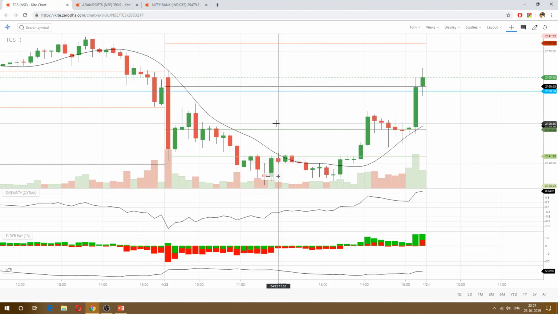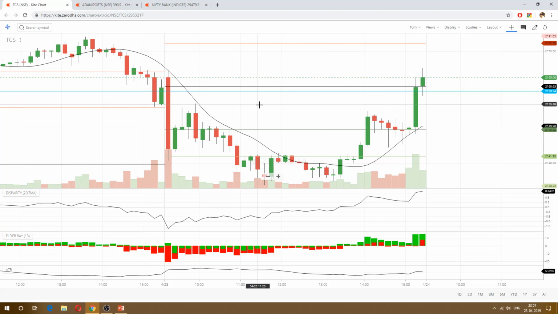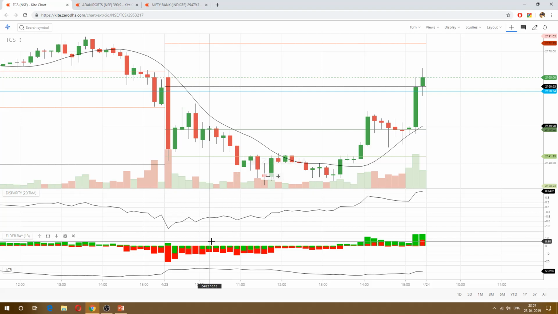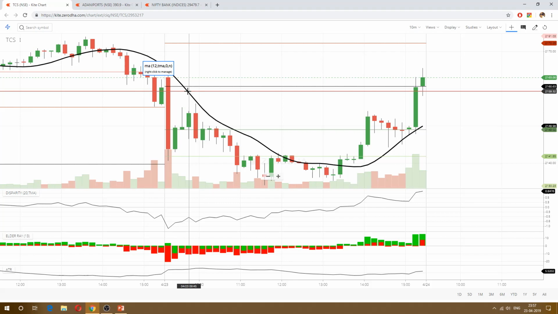Had this move continued in the buyer's favor with proper signal and confirmation, we could have entered. But here our indicators are clearly saying that this is in seller's territory. It is below the 12 TMA and it is below a support line which is now resistance, because price has closed below this line.